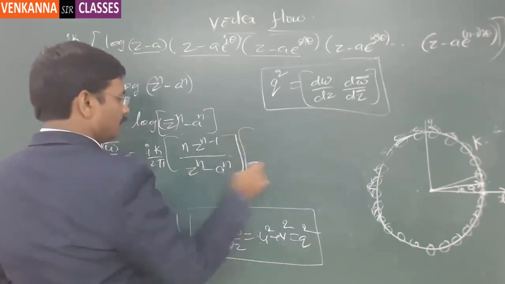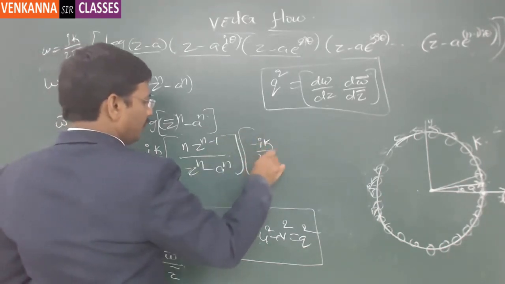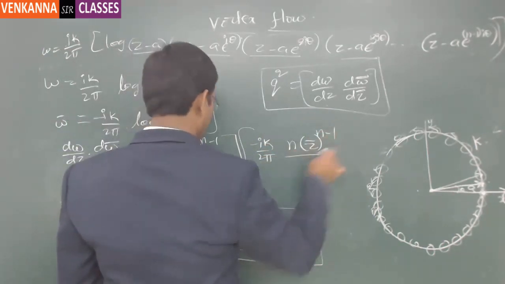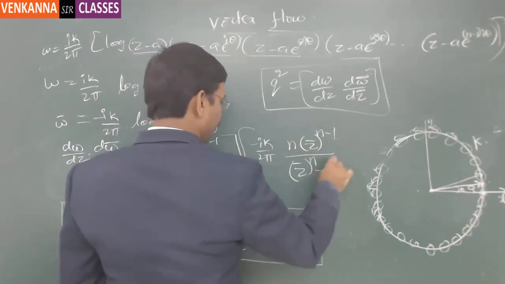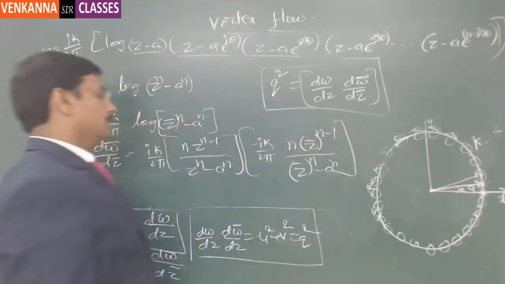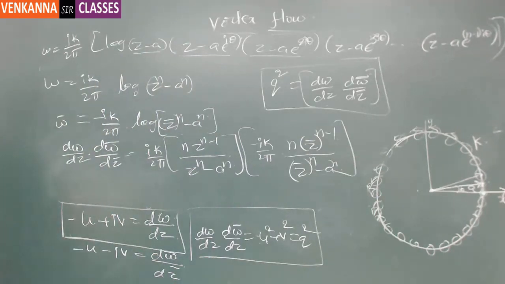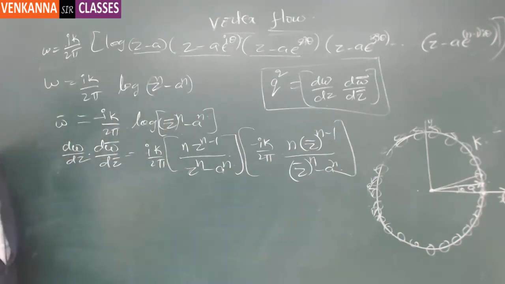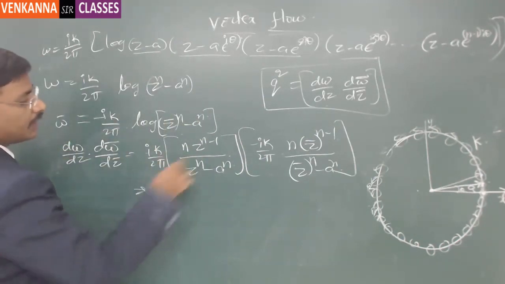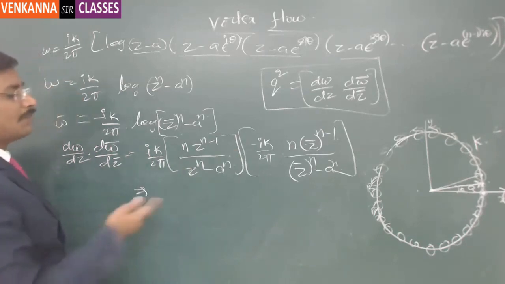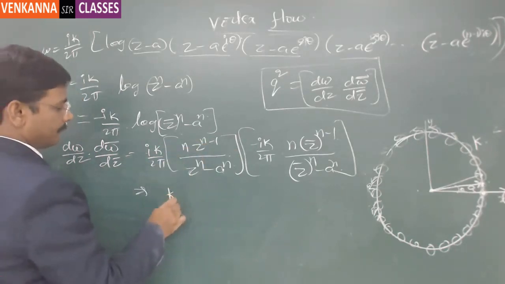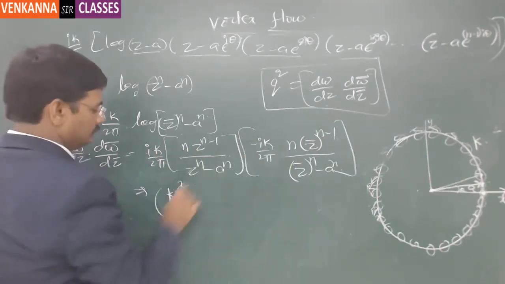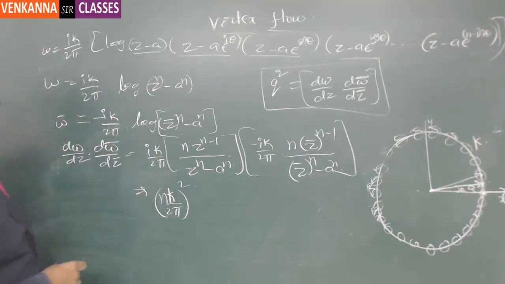Similarly, the other factor is minus ik by 2π times n into z bar power n minus 1 divided by z bar power n minus a power n. This can be further simplified as ik by 2π, so i square will be minus 1, minus into minus will be plus, then (k by 2π) whole square. n into n is n square, so (nk by 2π) whole square.